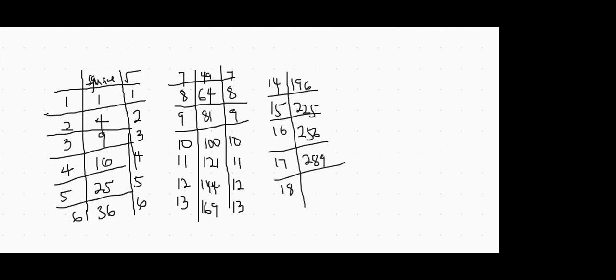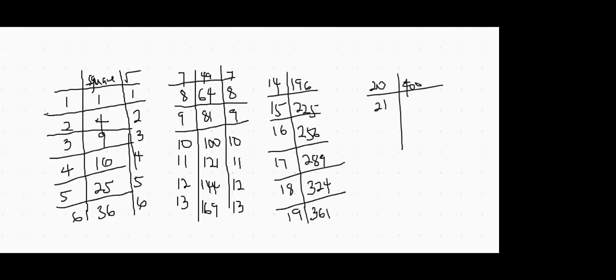The square of 18 is 324. The square of 19 is 361. So automatically the various squares, when you root them, will give you back the same number. The square of 20 is 400.